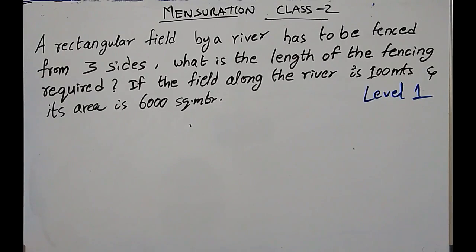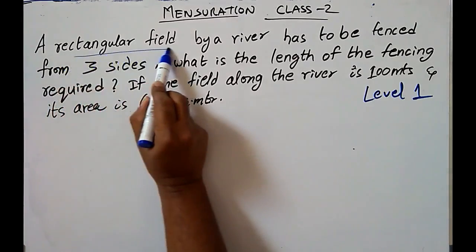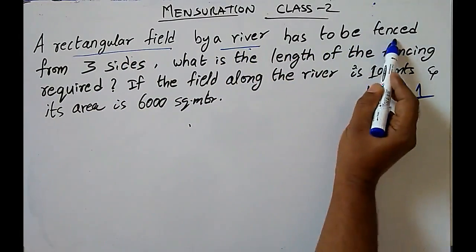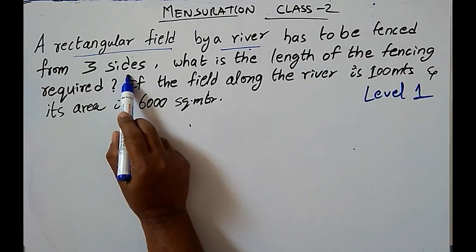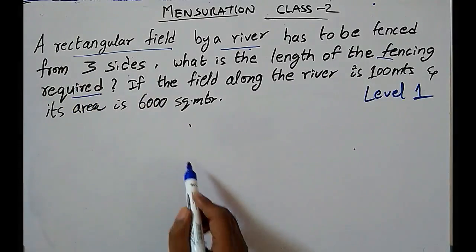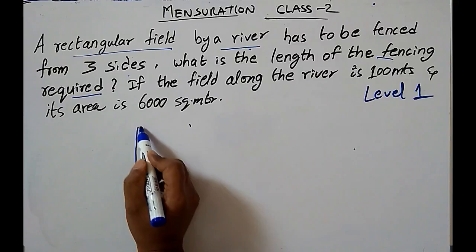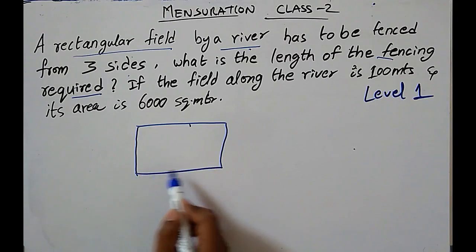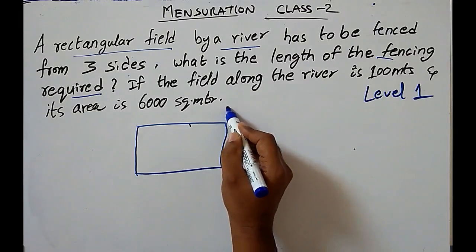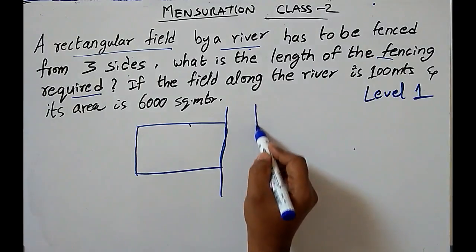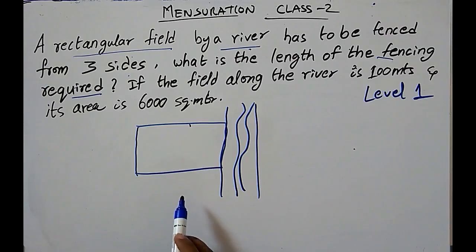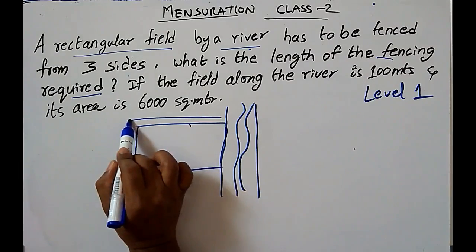This question is of level 1. A rectangular field by a river, this rectangular field is beside a river, has to be fenced from 3 sides. What is the length of the fencing required? See, friends, suppose this is a rectangular field and this side is a river, and it has to be fenced from 3 sides.